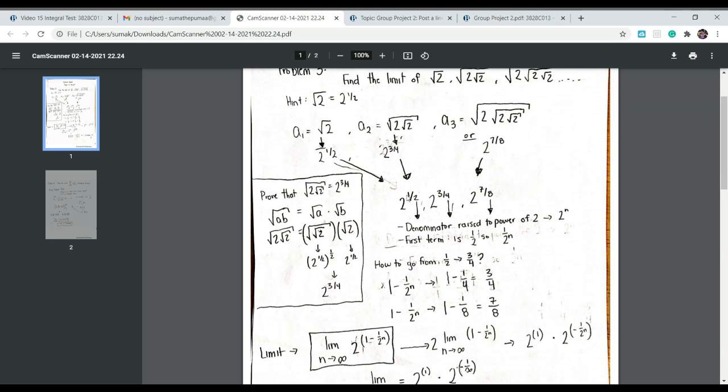If you want proof on how I got these, I'm proving that this right here is equal to 2 to the 3/4. The square root of AB is similar to the square root of A times the square root of B. For the B term, I use the smaller square root, so the square root of 2. And then the bigger square root of the square root of 2, all inside the bigger square root.